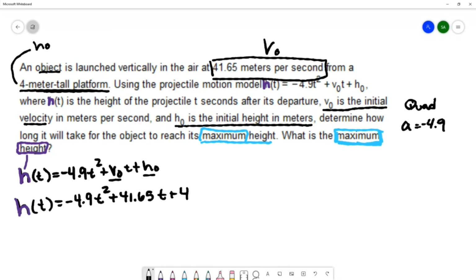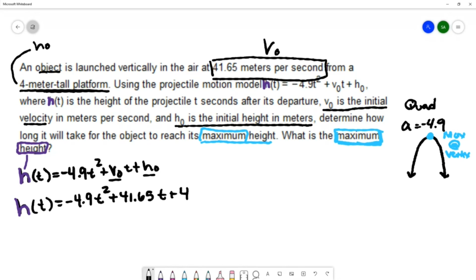The graph of a parabola with a negative leading coefficient is going to be a parabola that faces down. And remember, we're looking for the maximum height, and that maximum height is going to occur at the vertex. So we're going to be able to answer this question about how long it takes to reach the maximum height, as well as what the maximum height is, by calculating the vertex.